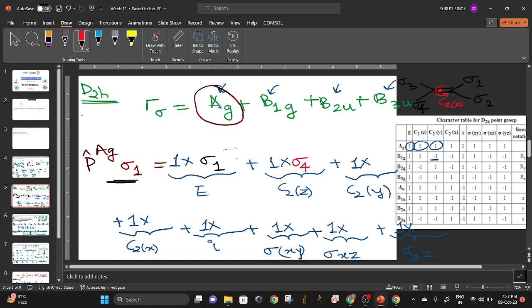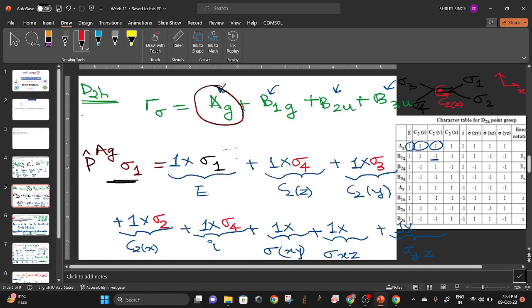Next, C2y: what will happen when you apply C2y? This is X, this is Y. Sigma 1 becomes sigma 3. Then C2x: sigma 1 becomes sigma 2. Now under i, sigma 1 becomes sigma 4.